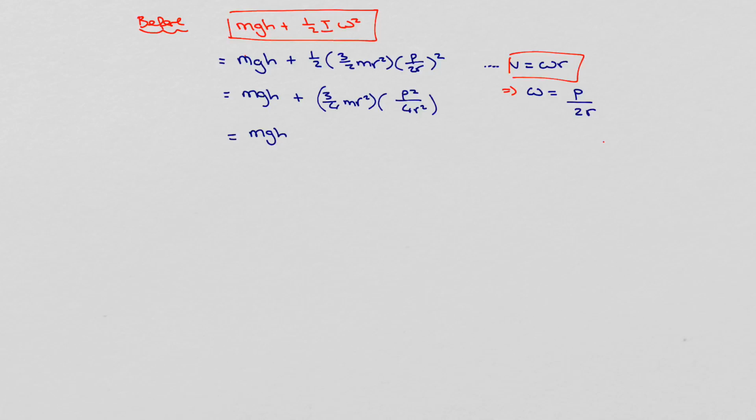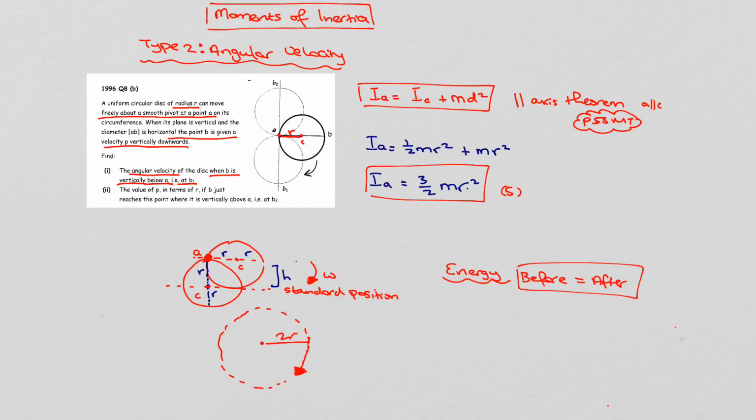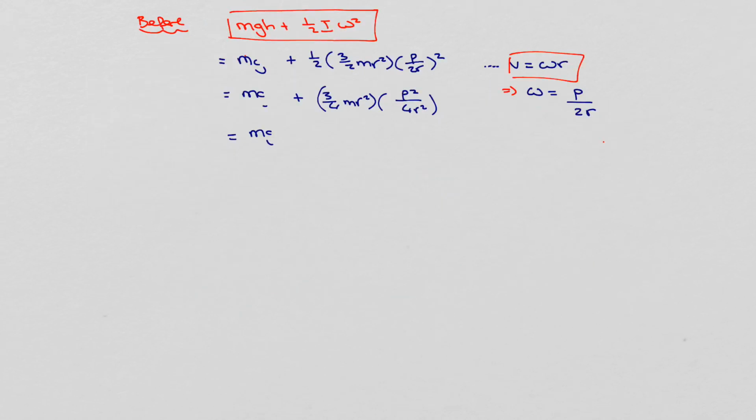I've just noticed that h obviously is the radius. If I go back there, look, h is the value r there. So that should be mgr. And then if I multiply my brackets here, that leaves me with 3mp squared over 16. So this is equation 1 for the energy beforehand, and we were getting 5 marks for that.